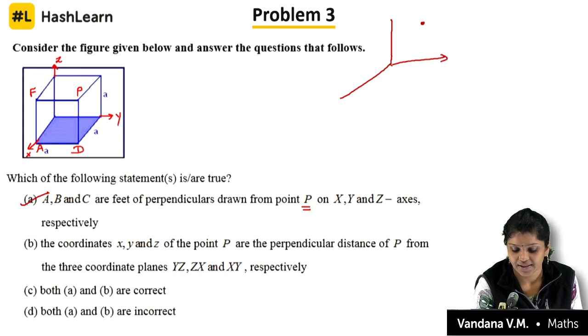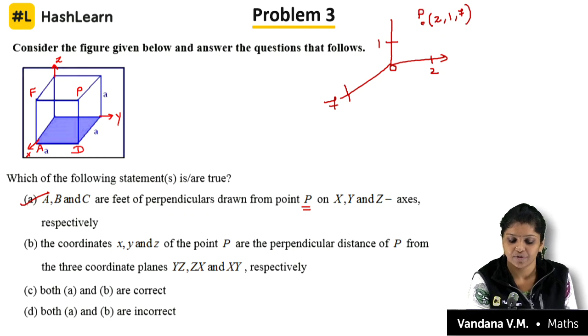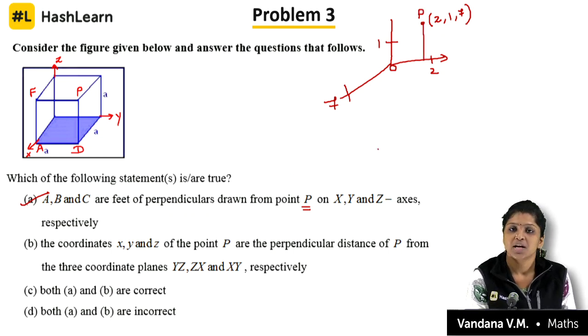Along the x-axis, how many units will you walk? Suppose you walk 2 units, the point will be 2 comma. If you walk 1 unit along the y-axis, it is 1. If you walk 7 units along the z-axis, then it becomes 2, 1, 7. So, the point P is defined by the feet of the perpendiculars from the x, y and z axes. We know that, right?